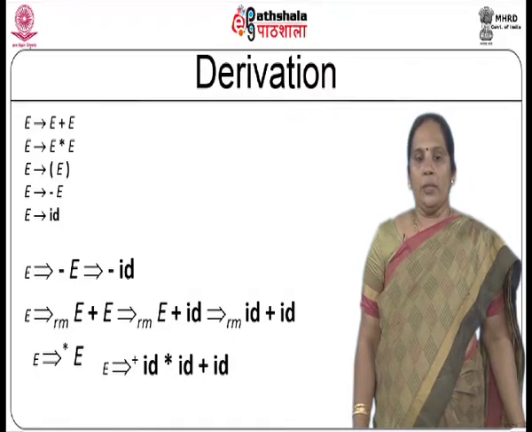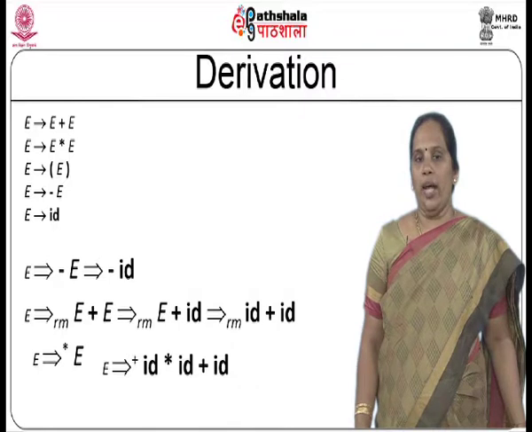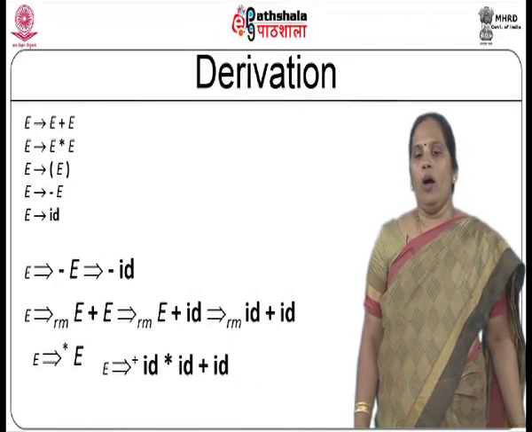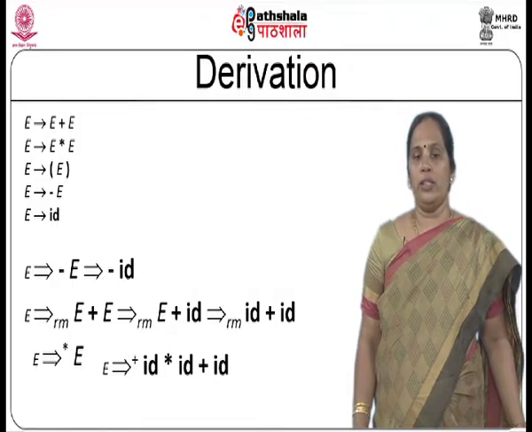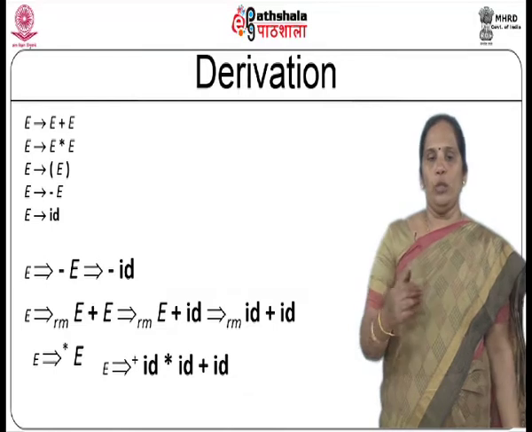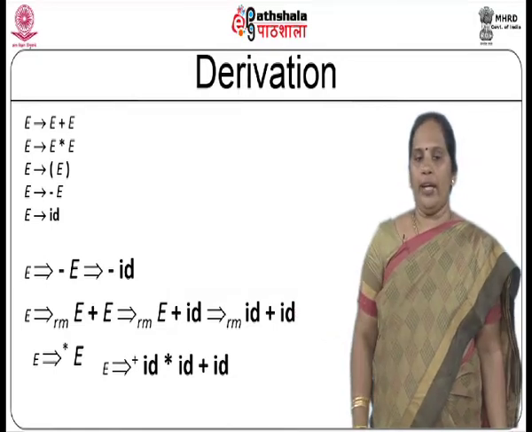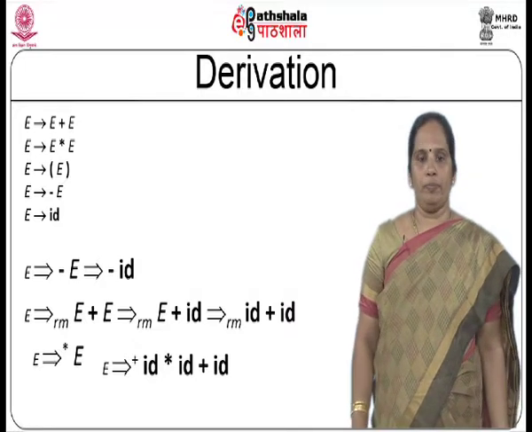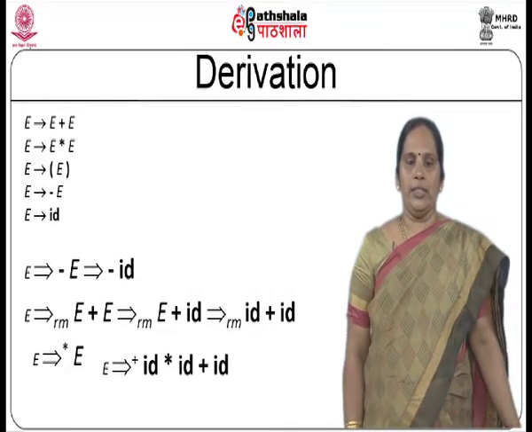That is, I can substitute this E with E star E, then substitute the last E with E plus E, and then finally replace all the E's with ID. That will result in ID star ID plus ID. So this is one derivation. I can show this derivation as a process by indicating an implies symbol, or I can construct a derivation tree. That is what this derivation process does.